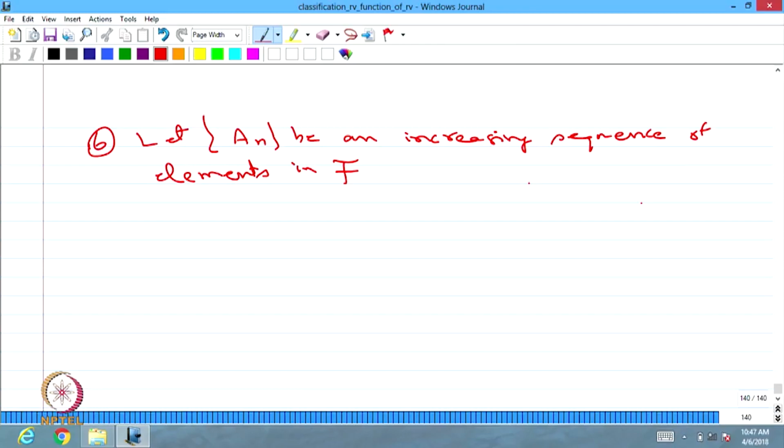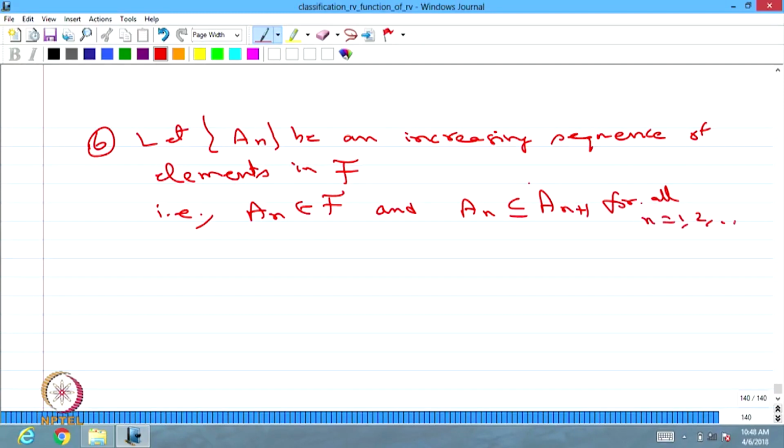So let A_n be an increasing sequence of elements in F. That is, if you take A_n belonging to F and A_n is contained in A_{n+1} for all n = 1, 2, 3 and so on, that is the meaning of A_n being an increasing sequence of elements in F.